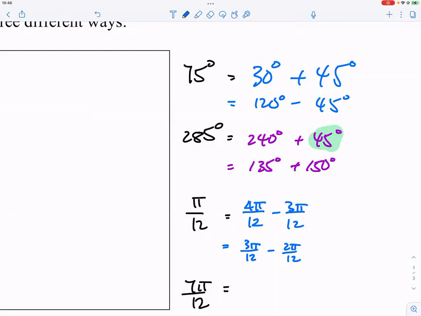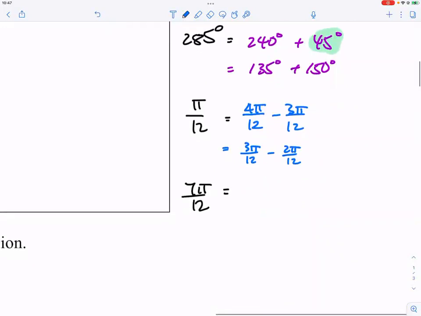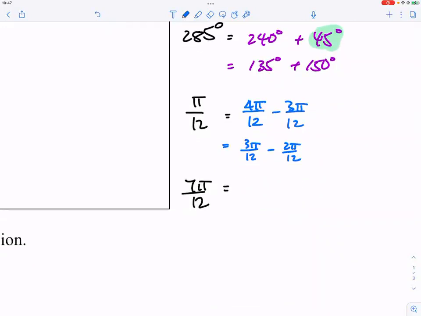Now, the key that we went over two days ago is that if you do anything with tangents, you want to stay away from anything with over 6. And 7 pi over 12 will be simply 3 pi over 12 plus 4 pi over 12. That'll be easy, both in quadrant 1.